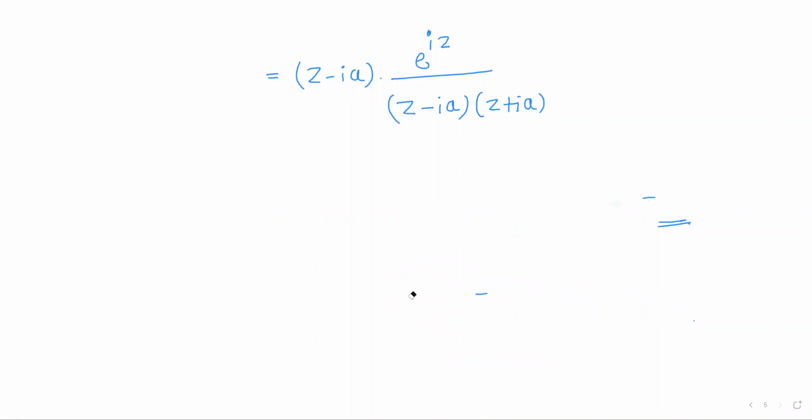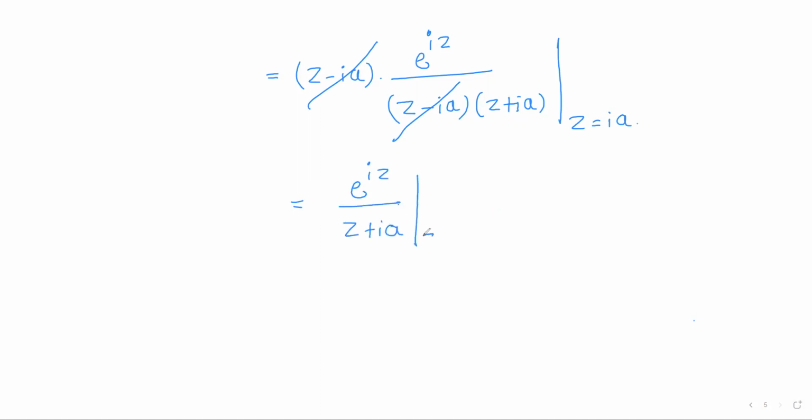Okay. Now we have to calculate at z is equal to ia. So z minus ia gets cancelled. We remain with e to the power iz divided by z plus ia at z is equal to ia. So put z is equal to ia: e to the power i into ia divided by ia plus ia.